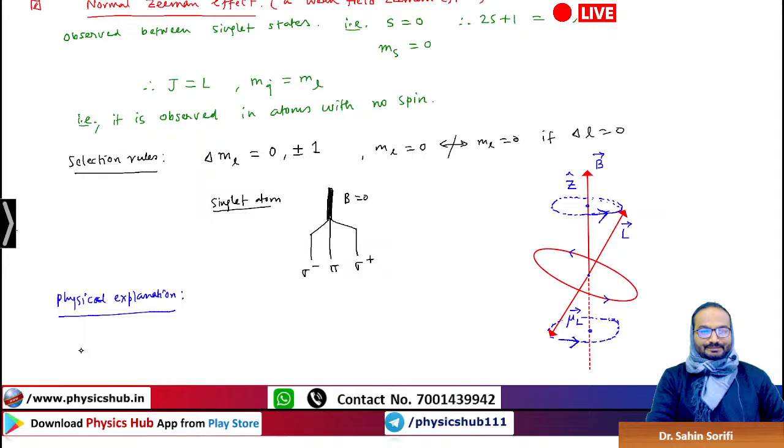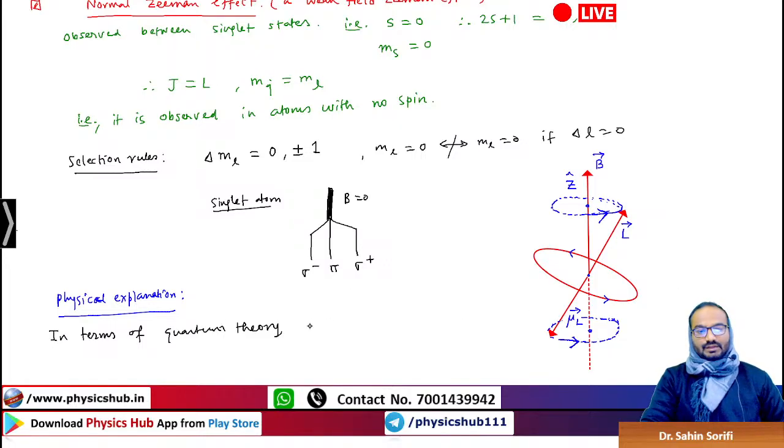If you describe it in terms of quantum theory, what is actually happening? You have understood this direction of L, it gives various components of L_Z, M_L h-cut.